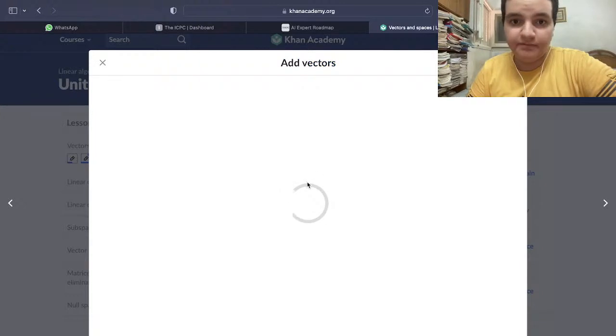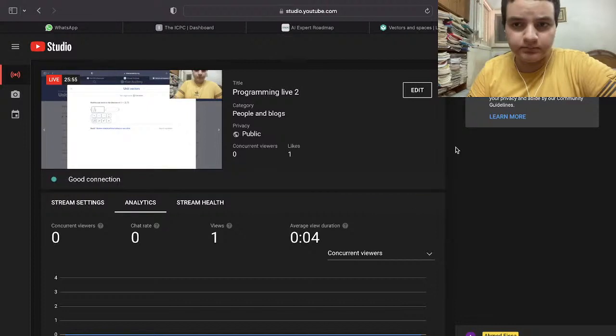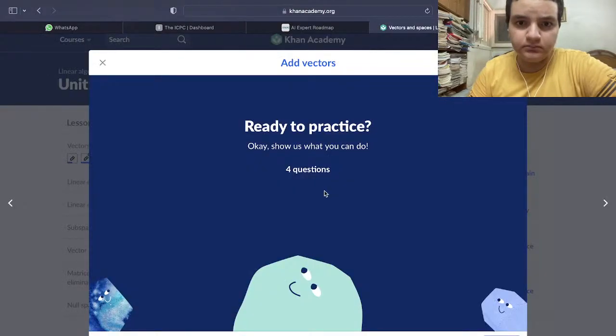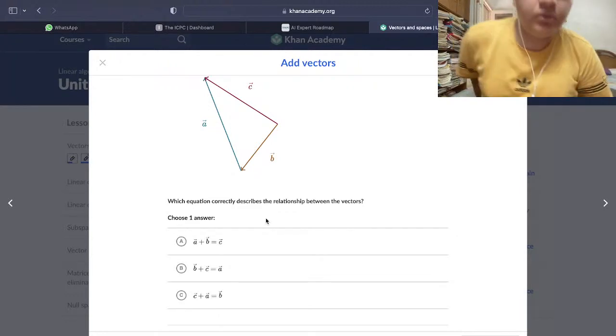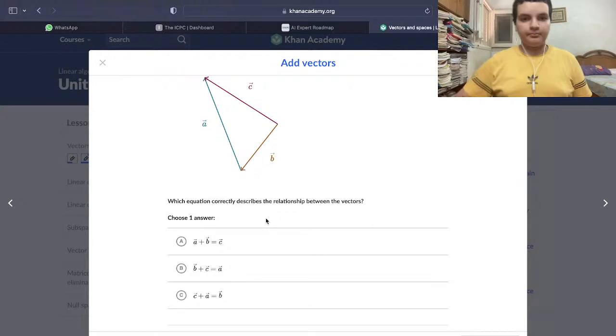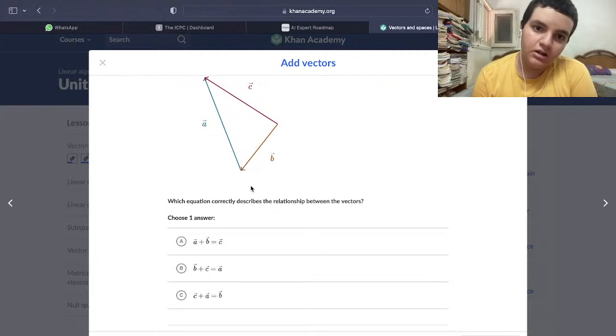Adding vectors. Let's go. So we need to describe the relationship between the vectors. So it's A, it's B, it's A plus B equals 2.